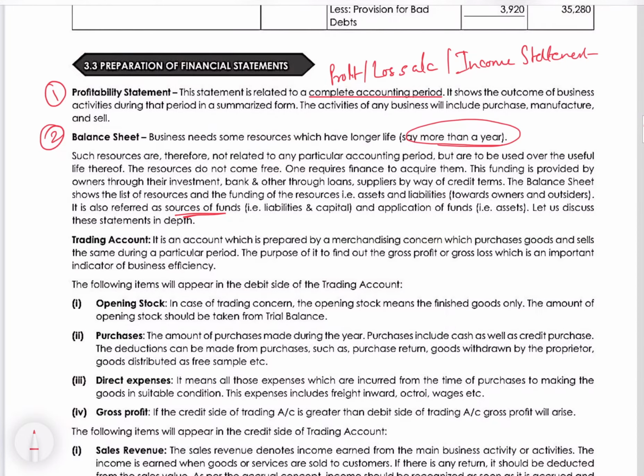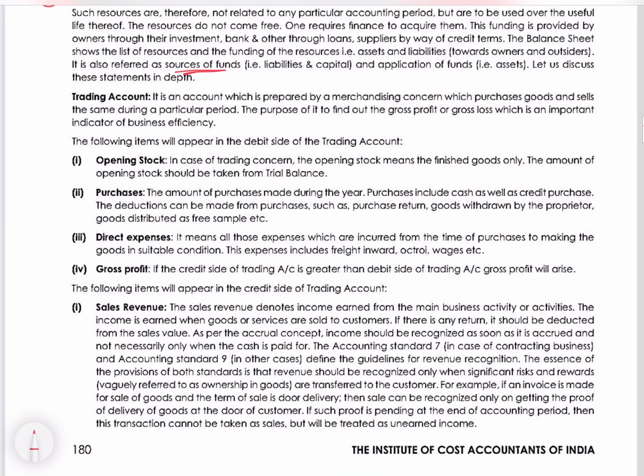Trading account is normally prepared by a business which deals in goods, purchase and selling of goods, because a trading account comprises only the stock and the goods movement during that accounting period. So what will appear?